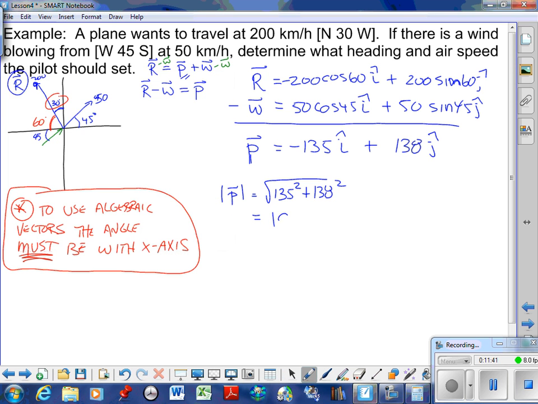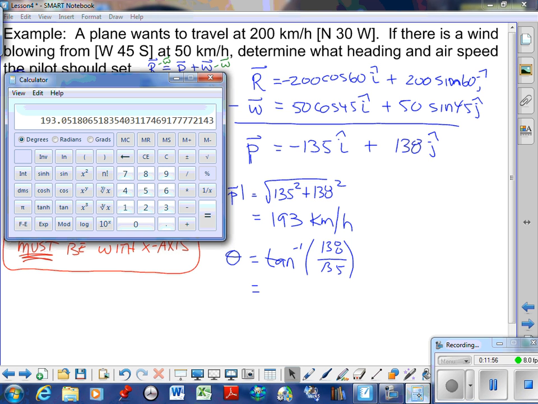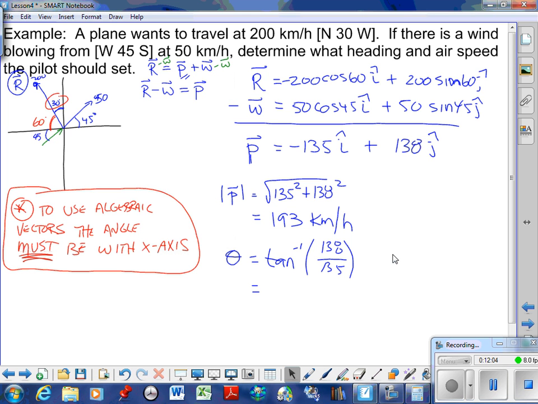So they have to set the throttle at 193 kilometers per hour. And for the direction, 138 over 135. I'm using the calculator, 138, 135, inverse tan. It's 45.6 degrees.